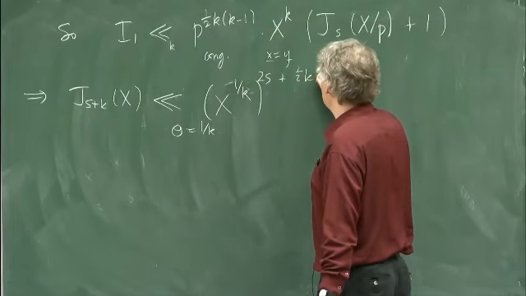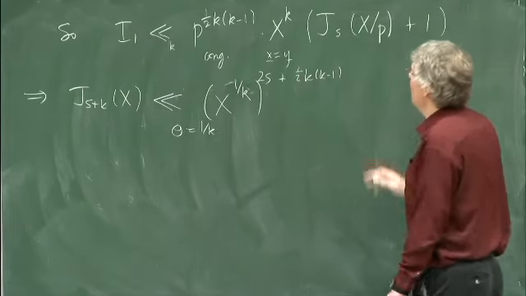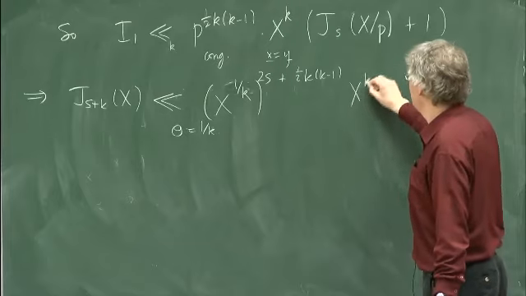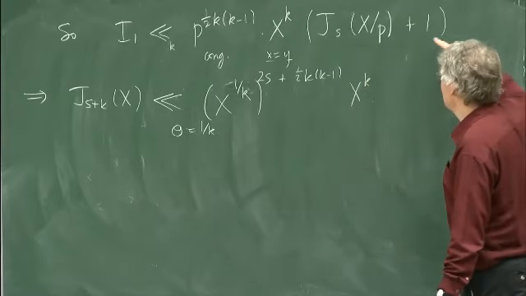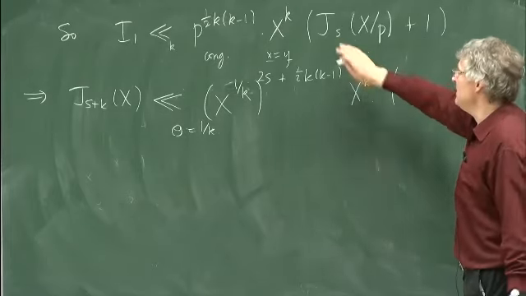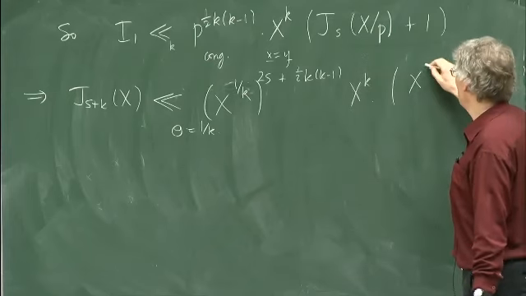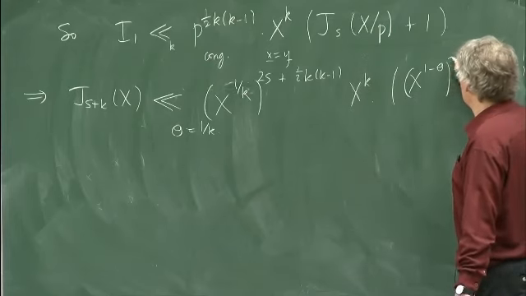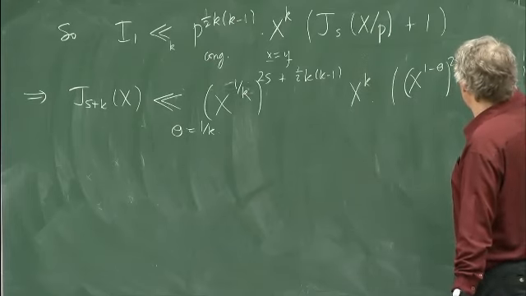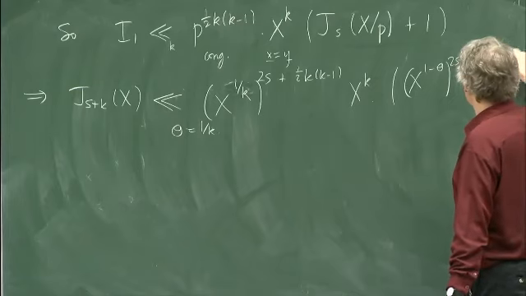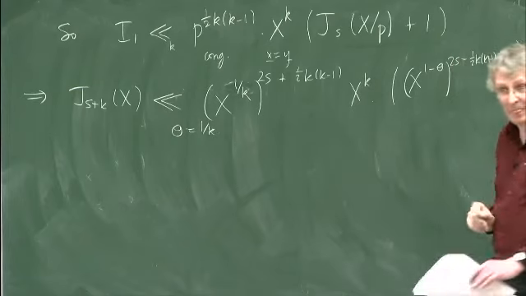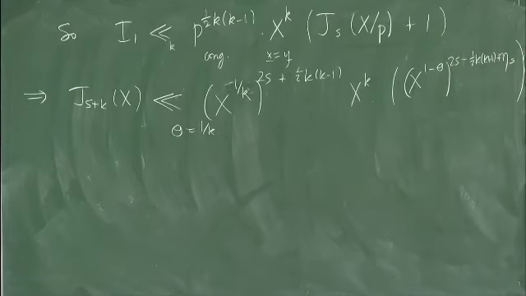So it's a half k, k minus 1. I've got my x to the k sitting there. And then this object, well, if I believe I already have a bound for this, the bound will look like x to the 1 minus theta to the 2s minus a half k, k plus 1, plus eta s, let's say. Eta s is whatever I could prove for the corresponding moment with s variables.